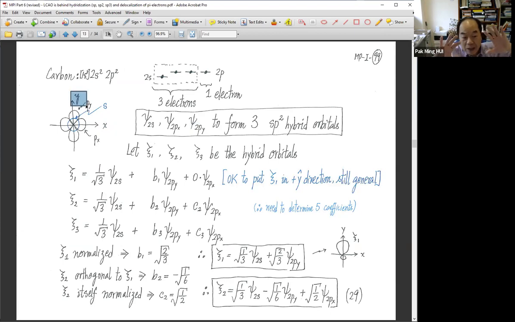So on the left, the picture, I'm drawing it on this x-axis and y-axis. So I'm taking the top view now. Your head is looking at the xy plane. So the s is symmetric like a ball, no direction. px, this dumbbell shape pointing along x. And then py is this dumbbell shape pointing along y.